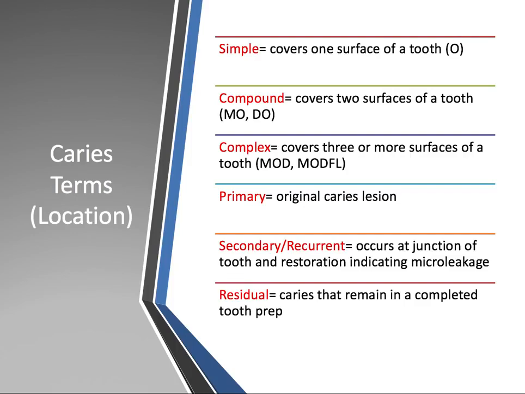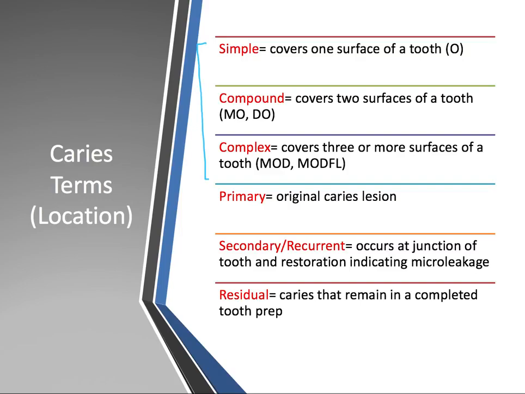Now let's talk about caries terms with regards to the location. Really good stuff here. A simple caries lesion covers one surface of a tooth. So occlusal is the most common simple lesion you'll find on a posterior tooth. If you're curious, this is also true for a restoration. Restorations can also be classified by these first three terms here.